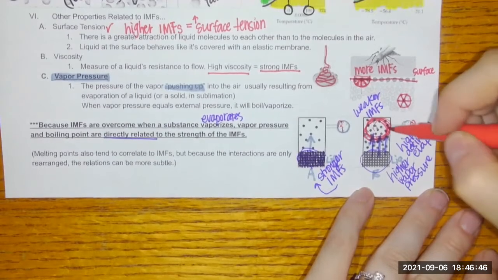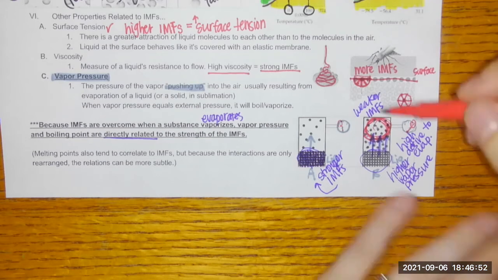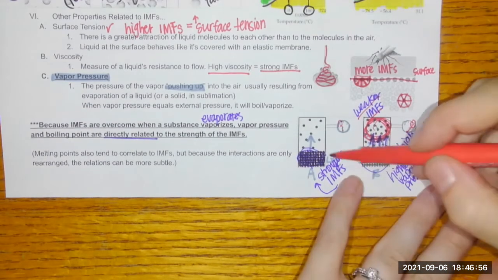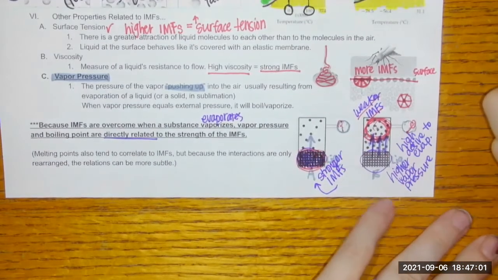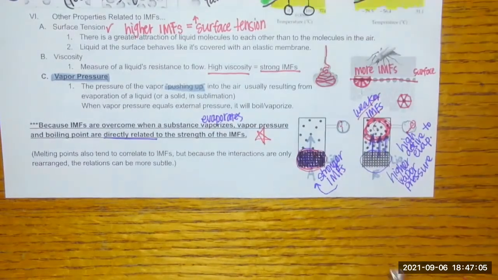This has higher vapor pressure. And then I say, okay, that's cool. So what does that say about the IMFs? You'd say, oh, it's got weak IMFs because they aren't holding it into the liquid phase. This one's got strong IMFs. See how that works? That's what this sentence is saying.